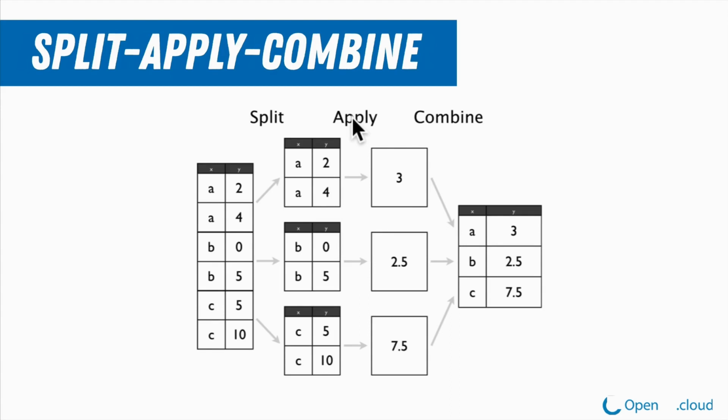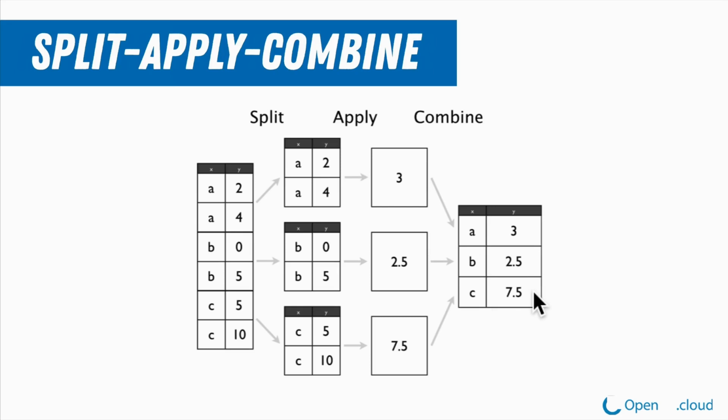So we apply an aggregate function to Y. That's what we're doing. So we split out the groups A, B, C. We apply some kind of aggregate function to Y. And then we combine the outputs to get the groups with the singular output. A equals 3, B equals 2.5, C equals 7.5.